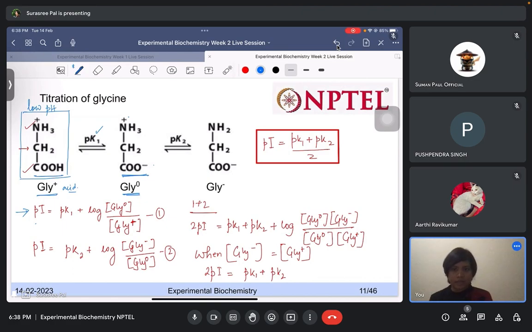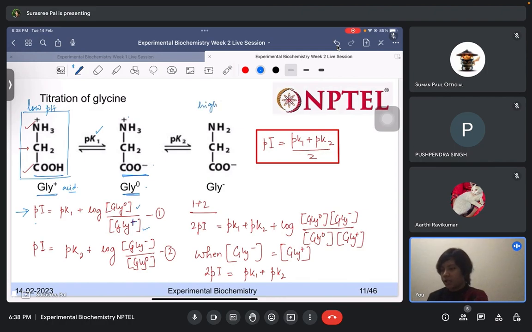So glycine plus is in the denominator, and the conjugate base, glycine 0, is in the numerator: concentration of glycine 0 divided by concentration of glycine plus. That is equation 1.